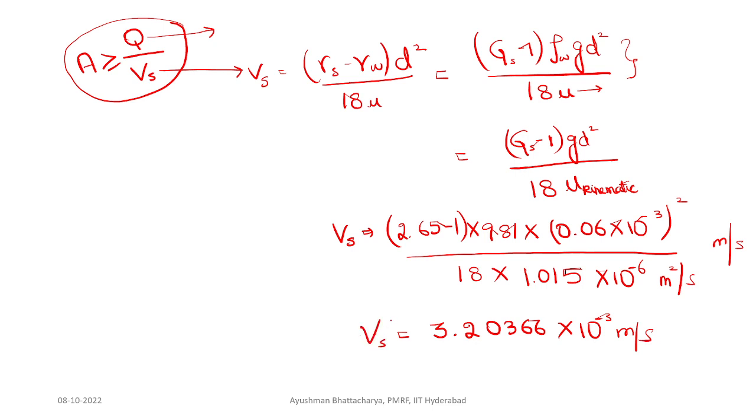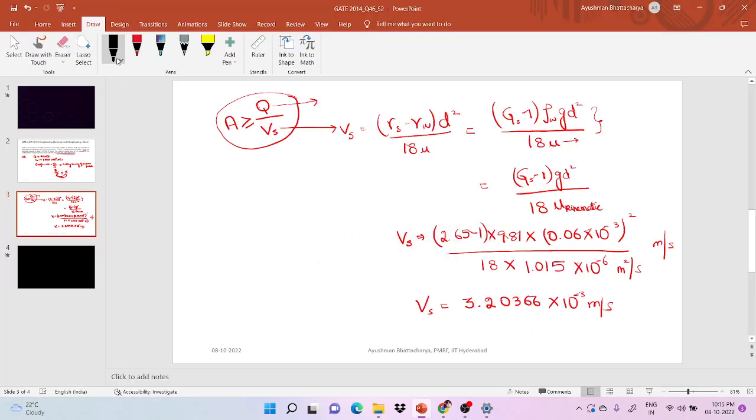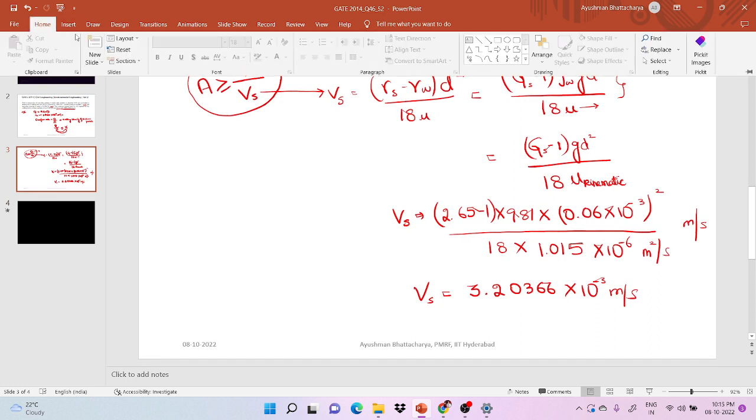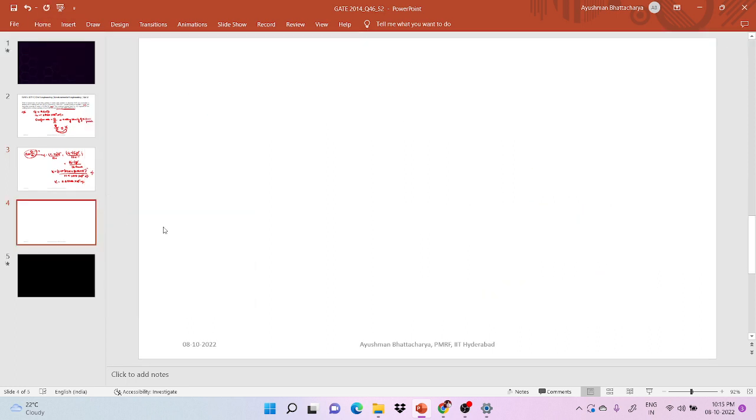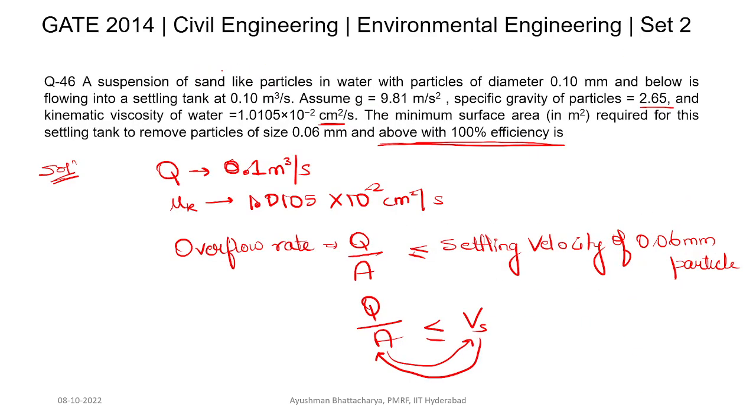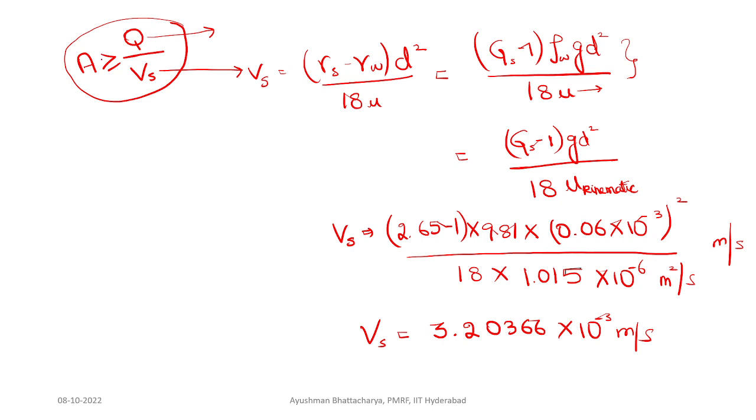But we have to calculate the area. In the previous step, we mentioned that area should be greater than or equal to Q by Vs. So putting in this form, area is greater than 0.1 meter cube per second, which is our Q, divided by Vs, which we just calculated, 3.20366 × 10^-3 meter per second.